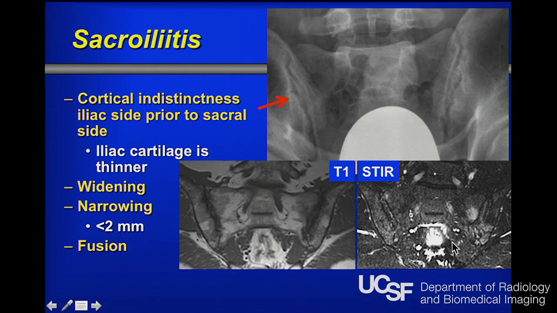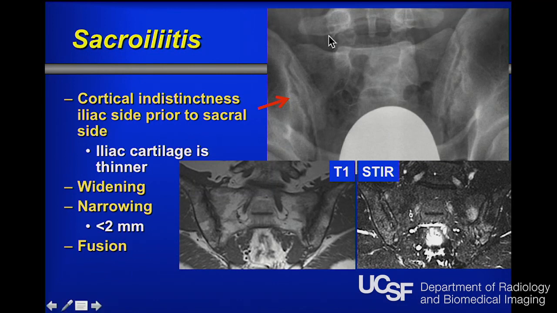Now, in the early stages of sacroiliitis, you see that the iliac side is more affected than the sacral side because the iliac cartilage is thinner than the sacral cartilage. And then you may see a whole bunch of things happening. You see increased sclerosis, you see focal erosions, and eventually narrowing of the joint, and you will eventually see fusion of the joint.